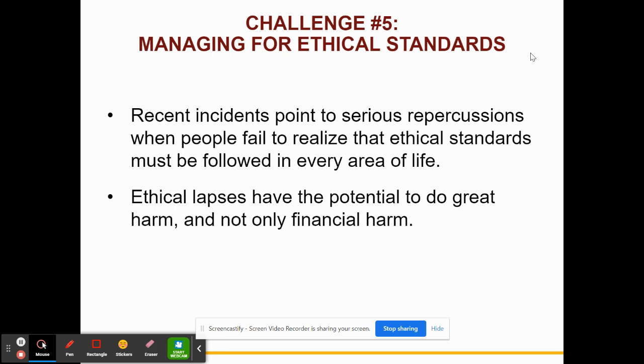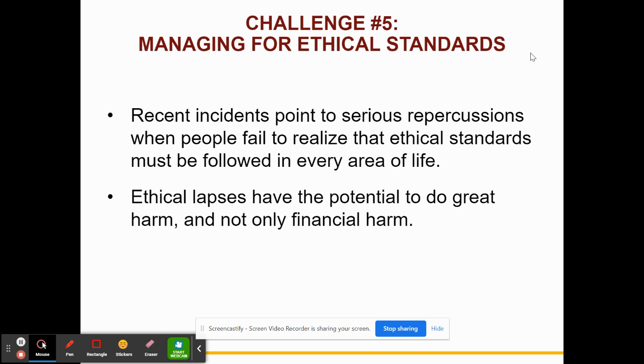Ethical standards. You're seeing serious consequences now for individuals who are not following the ethical standards that are followed in everyday life. Ethical lapses have the potential to do great harm, not only financial harm, but we're going to focus on the financial harm for a moment. Two individuals I want you to look up as you're listening to this lecture are Bernie Madoff and Sam Bankman-Fried.